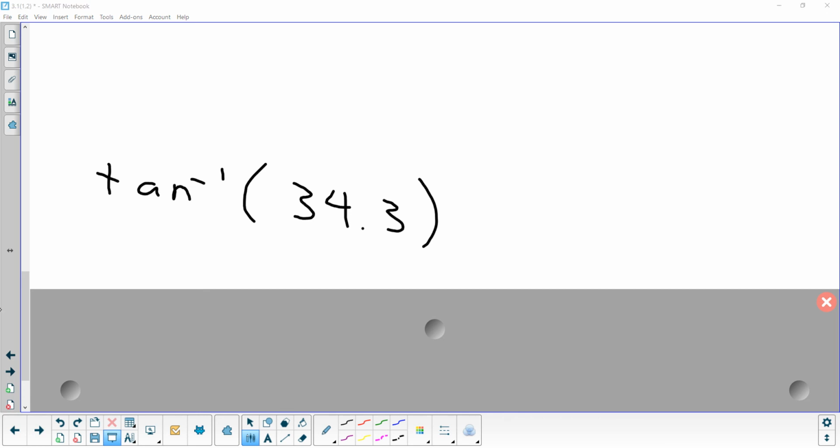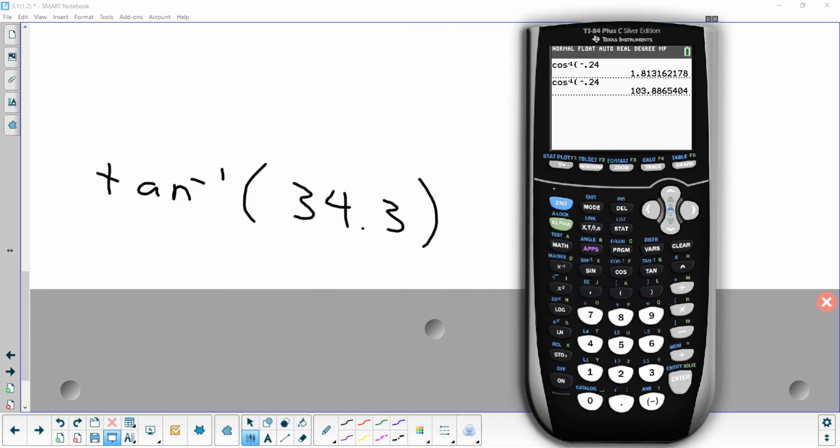Jade, can you tell me how do I type this one in? Yep, and how do I get to that inverse tangent? The second. Yep, then the one that I can't really see the buttons from here.